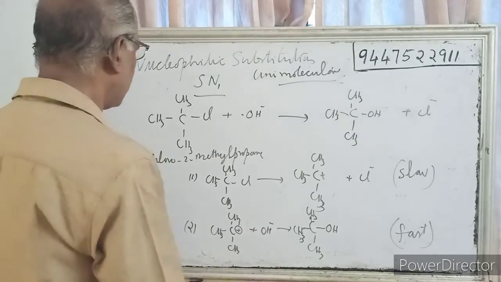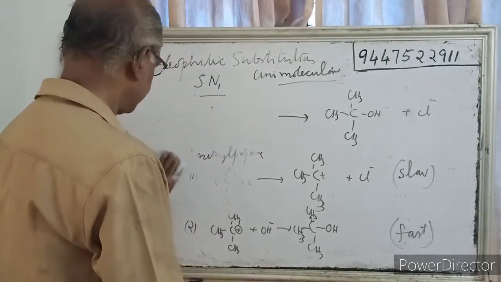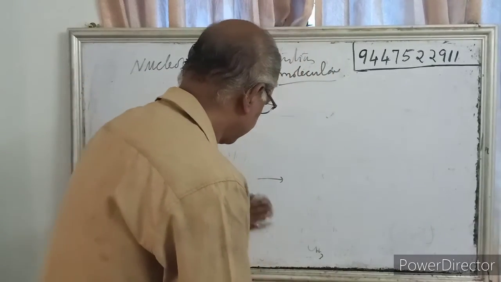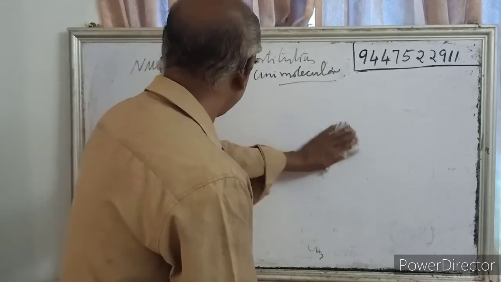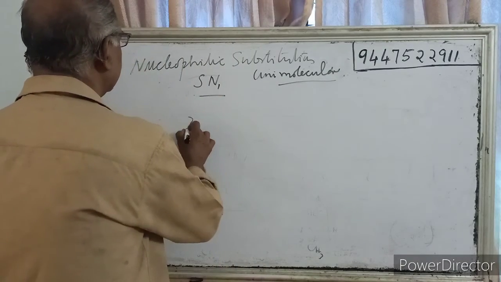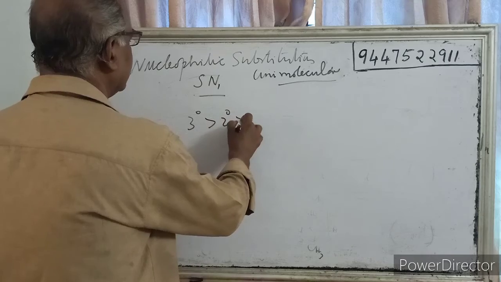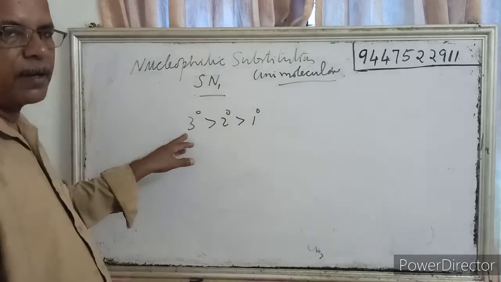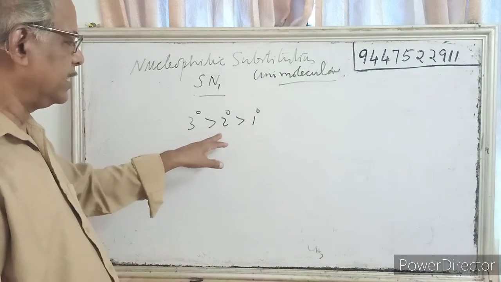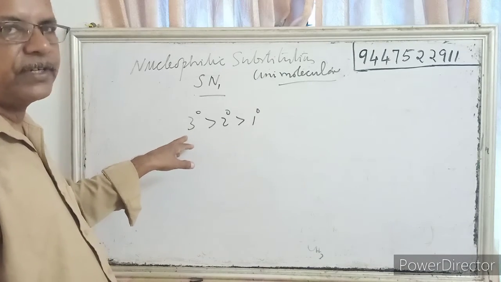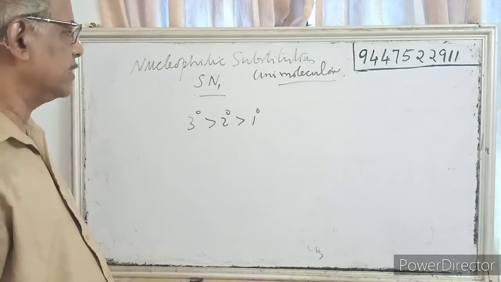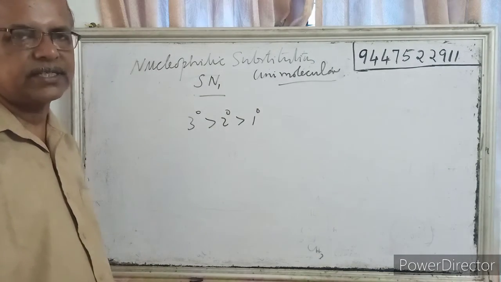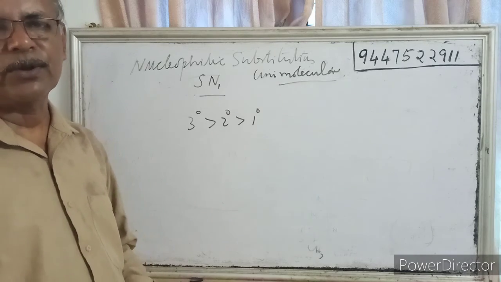Now coming to its order of reactivity. The order of reactivity of the SN1 reaction is tertiary greater than secondary greater than primary, because the tertiary carbocation is more stable than the secondary and primary. So those are the nucleophilic substitution reactions, unimolecular and bimolecular.